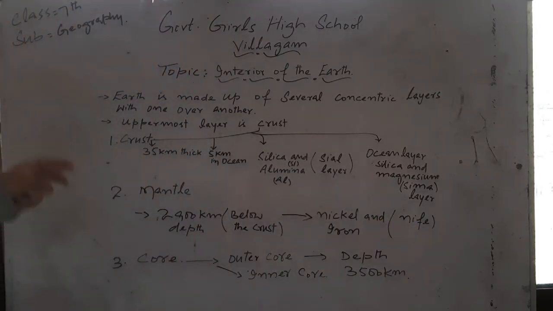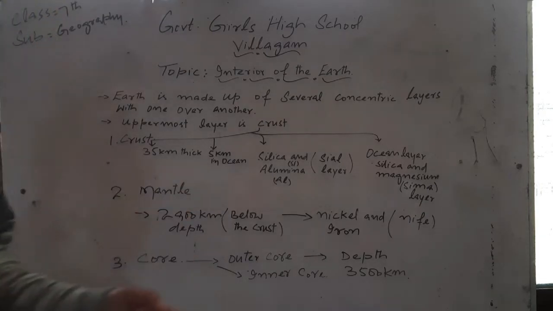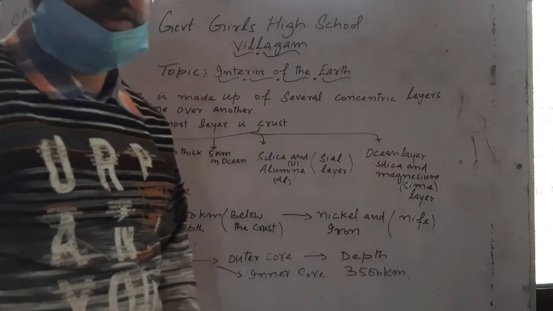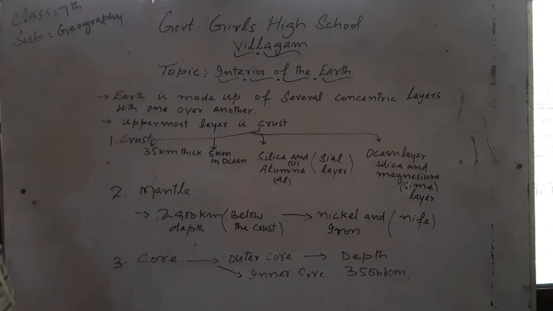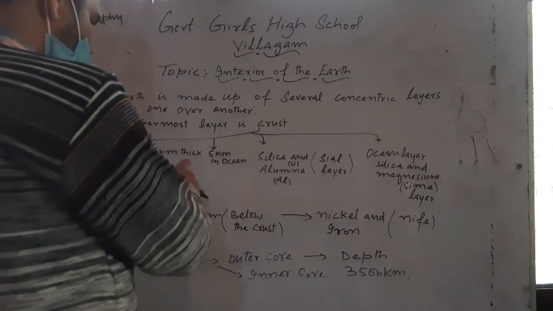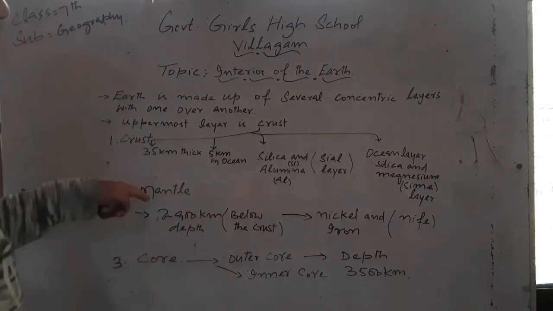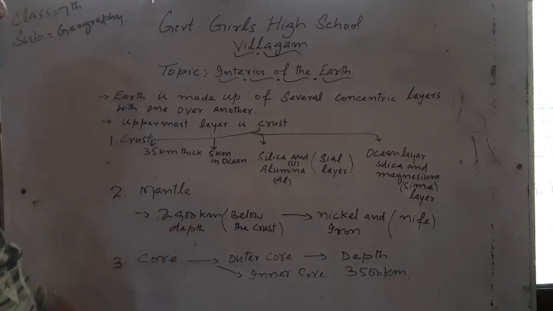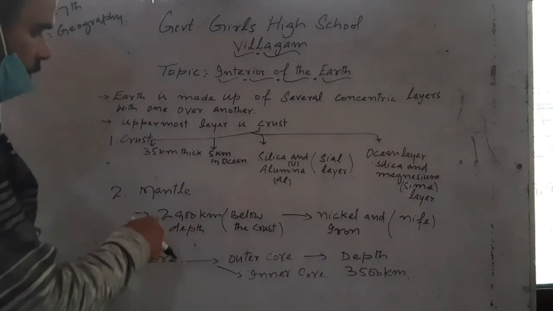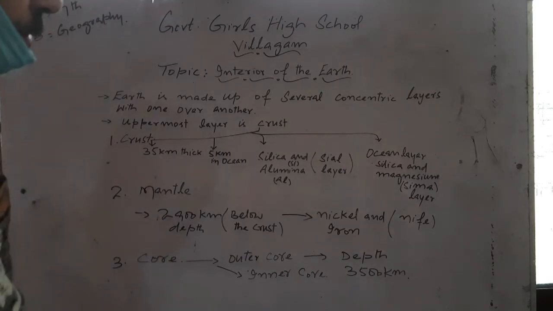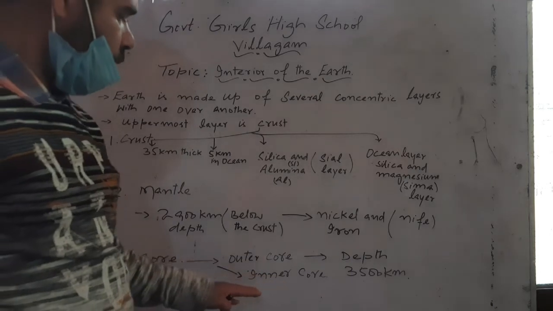And below mantle lies the core. So core has a width of about 3500 kilometers. First going 35 kilometers below, then going 2900 kilometers below, that means from 2935 kilometers below starts the core.